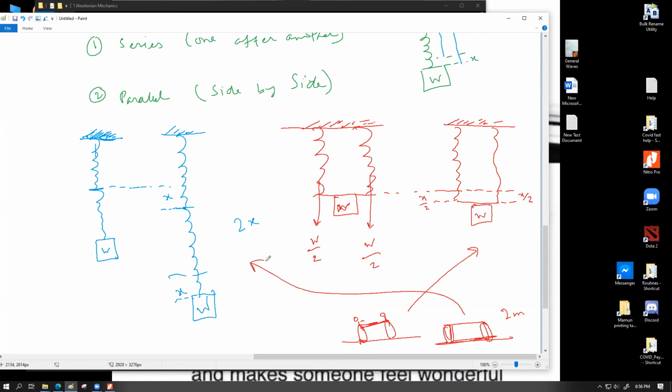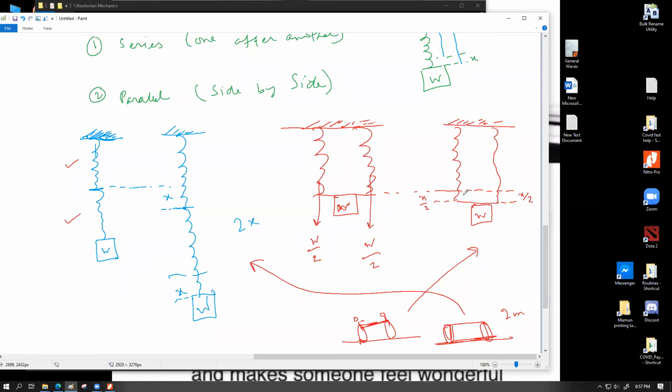So whenever the springs are connected in series combination, the load would be applied for all the individual layers. For example, by the word layer, I mean this is one layer, this is another layer, and the extension will happen for both of them. And whenever you have them in parallel, the load will get shared between the parallel combination parts, and as a result, the total extension will become less.